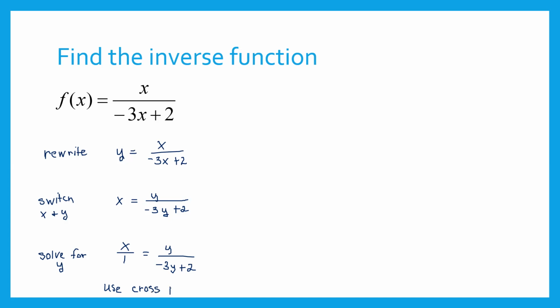which is where I multiply diagonally. So I'm going to take the x and I'm going to multiply it by the entire quantity in the opposite denominator. So that gives me x times, and I'm putting this in parentheses, the negative 3y plus 2. Put my equal sign, and I multiply diagonally with the other two, and so 1 times y, which is real easy, it's just y.